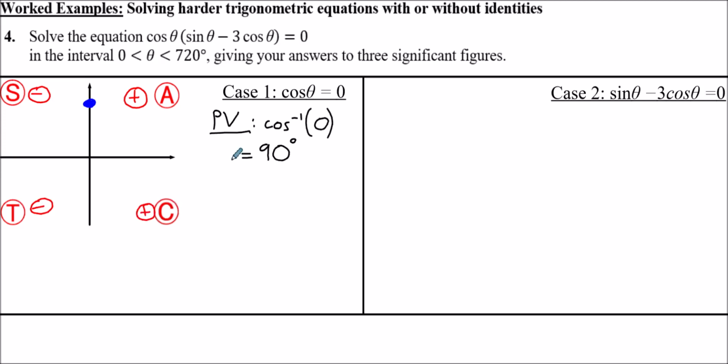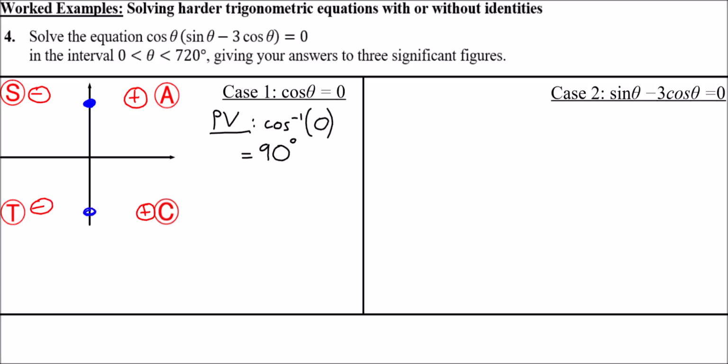So think about what 0 is. 0 is a boundary as we move from positive to negative. So it stands to reason that this one relates to cos theta equaling 0, because we're moving from positive to negative. And in the same way, as we move from negative back into positive, the boundary is again 0.